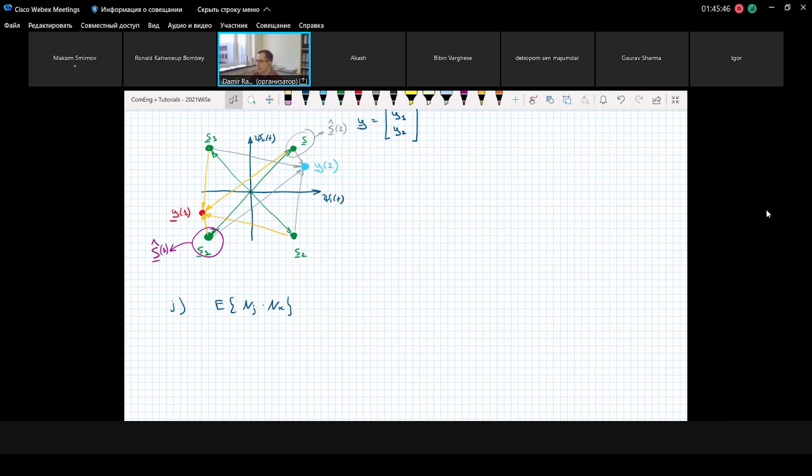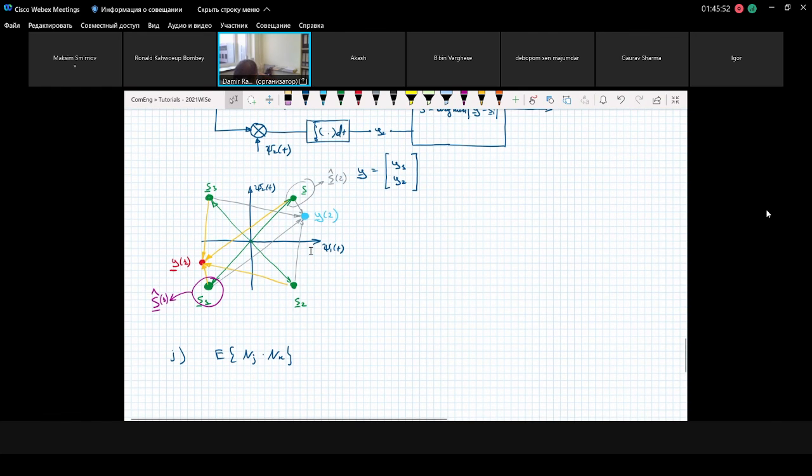Typically, if we are exactly on the threshold between S4 and S3, we make a decision for S4. When we are in between S3 and S1, we make a decision for S3, and so on. You just need to specify it yourself, and then it's not a problem.